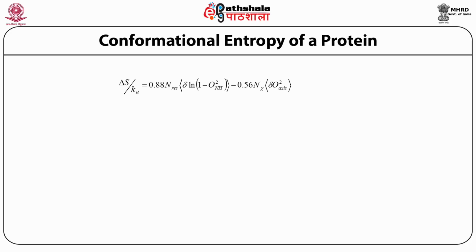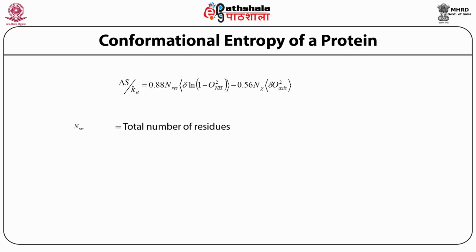Delta S by Kb is equal to 0.88 N_res times average of delta ln (1 minus order parameter for NH squared), minus 0.56 N_chi times average of delta order parameter for axis squared.